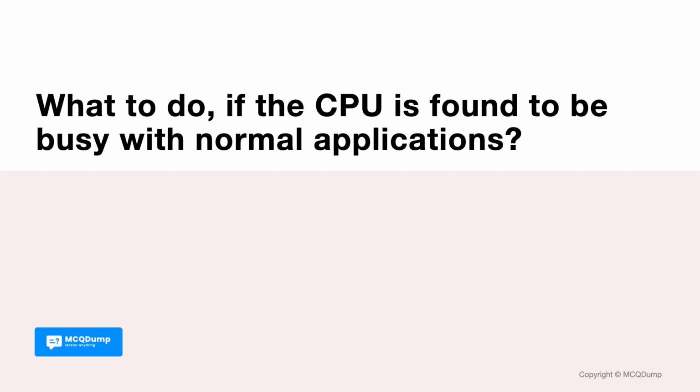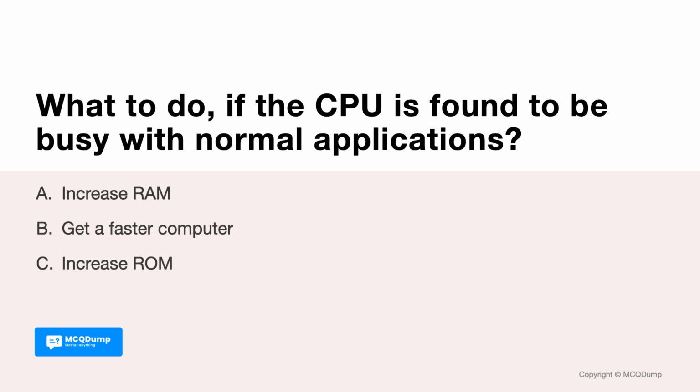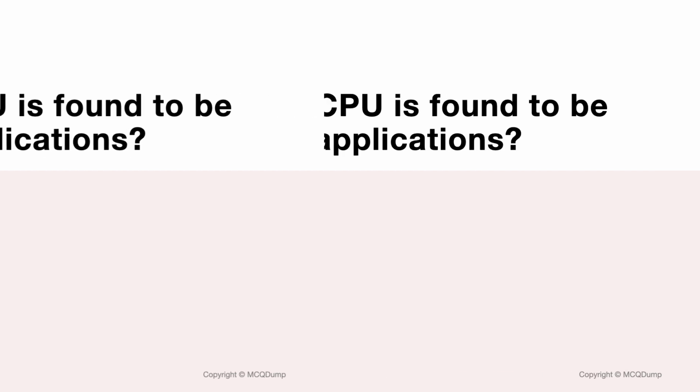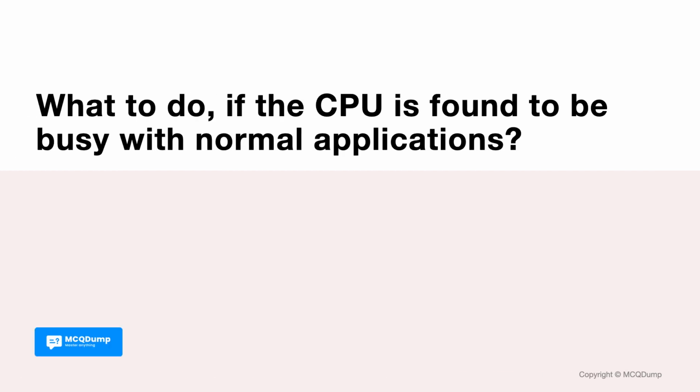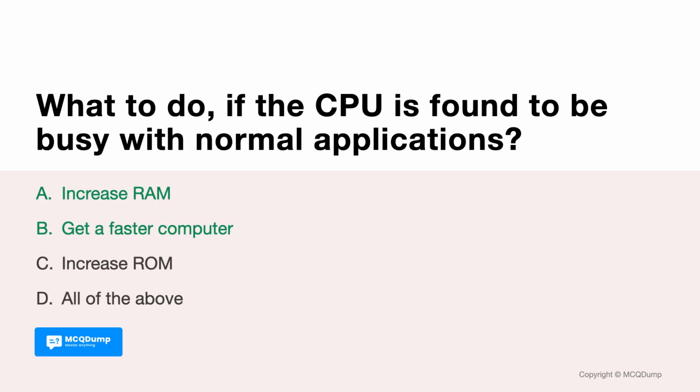Options are A. Increase RAM, B. Get a faster computer, C. Increase ROM, and D. All of the above. The right options are A. Increase RAM, and B. Get a faster computer.